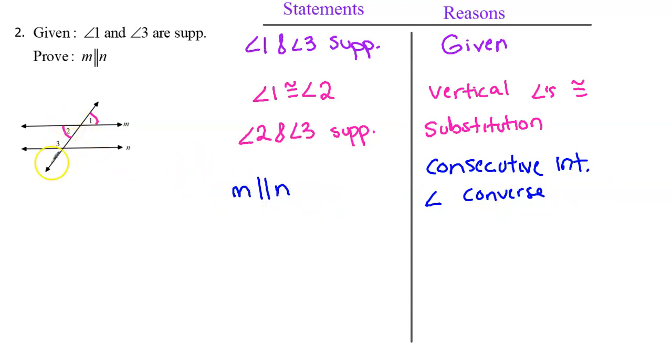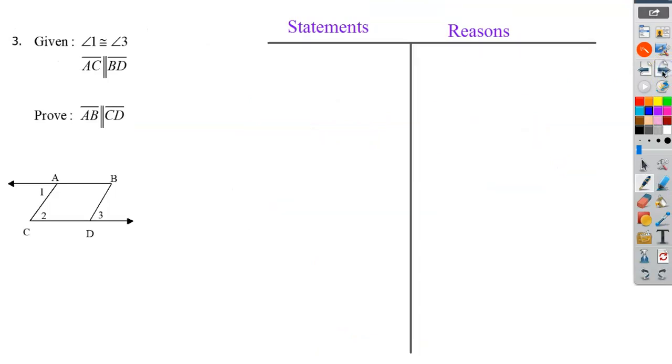I've just proved that 2 and 3 are supplementary, and by definition, consecutive interior angles should be supplementary if lines are parallel, which is what the converse says. Okay, that's number 2.